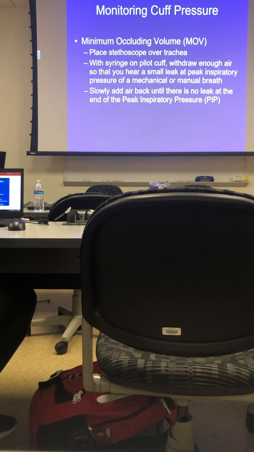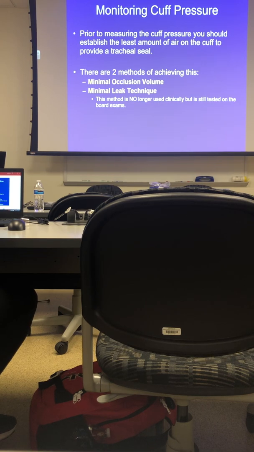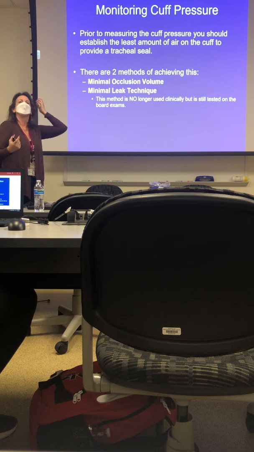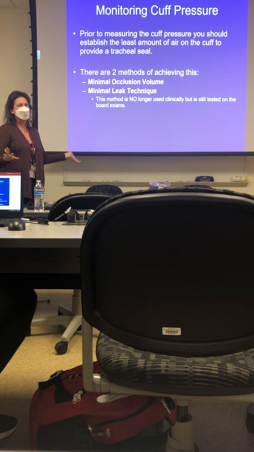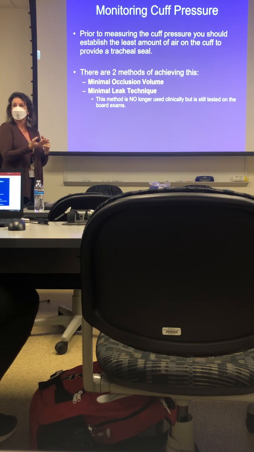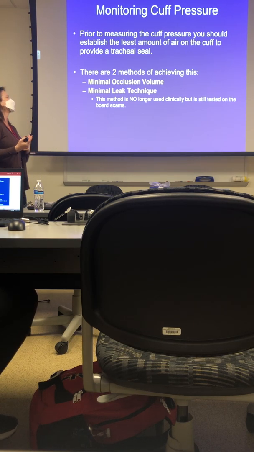So, two different ways that if you didn't have a cuff leader, all right? Sometimes, like at the hospital, they might have one cuff leader, maybe they're broken. The optimal way to measure your cuff pressure is to use the cuff leader, and that tells you exactly where your pressure is, okay? So that's the best way to do it.